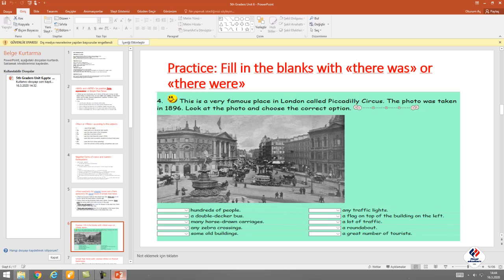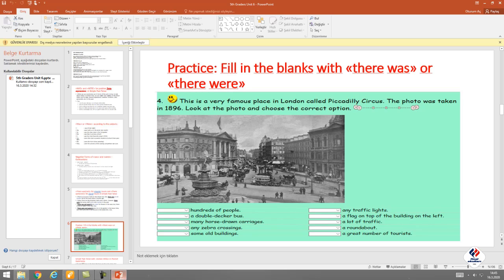Any zebra crossings? I can't see any zebra crossings here. And by the way, you already know that we use any in negative statements and in questions. So this statement isn't a question, but it is a negative one. So we must use there weren't any zebra crossings.